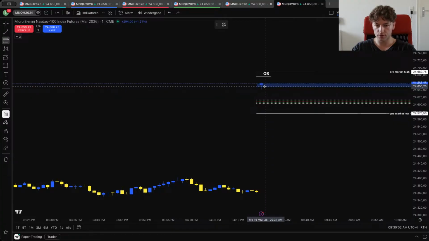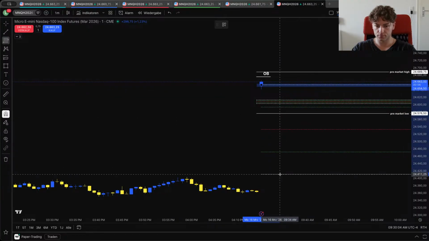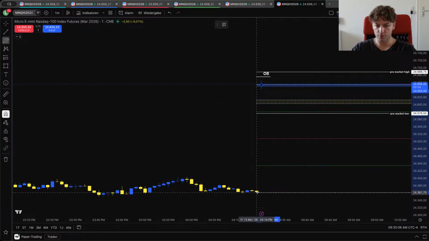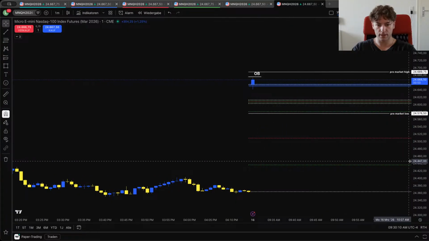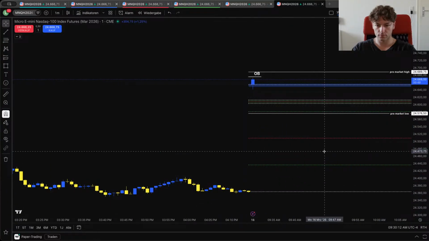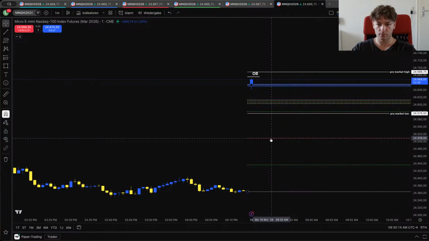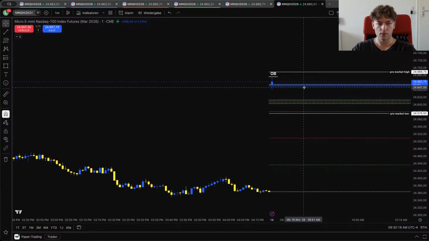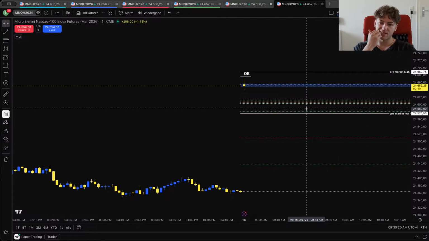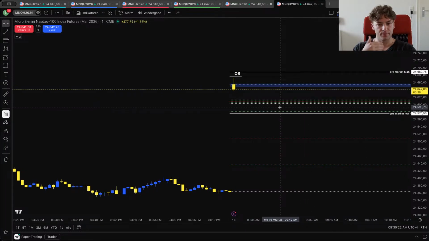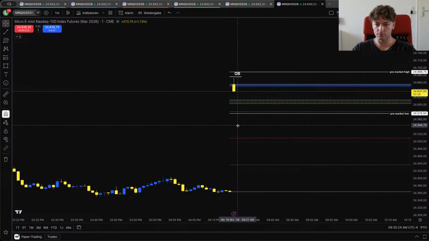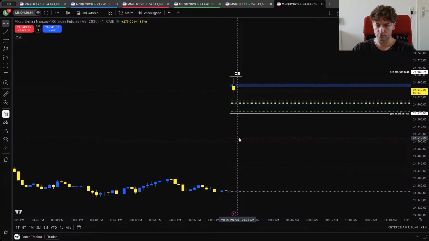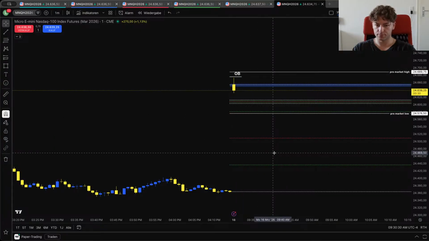So you take the open level down to the previous day's close, and you see this midpoint of this huge gap. Every trading day, there's a 70% likelihood that price is going to trade down or up to the midpoint of this gap.